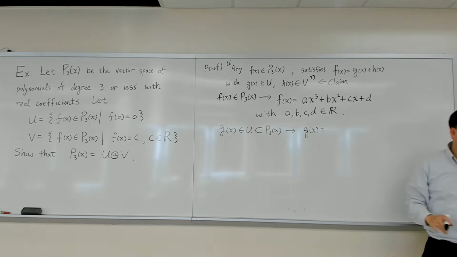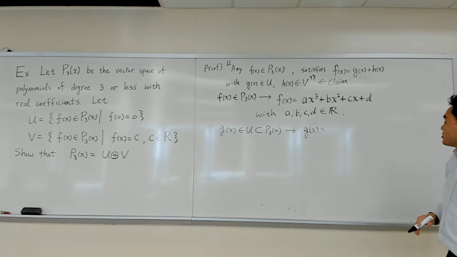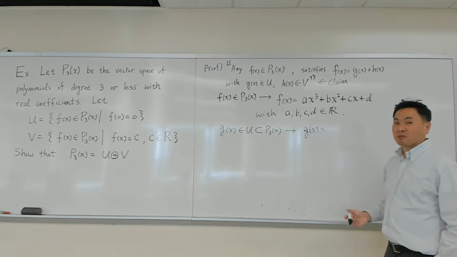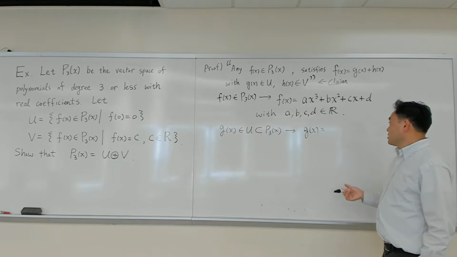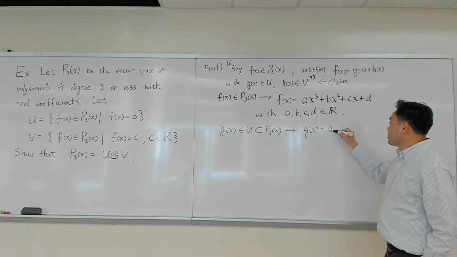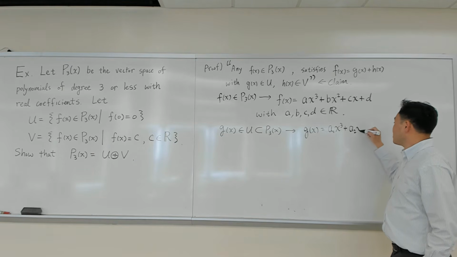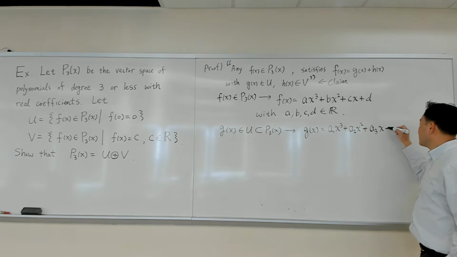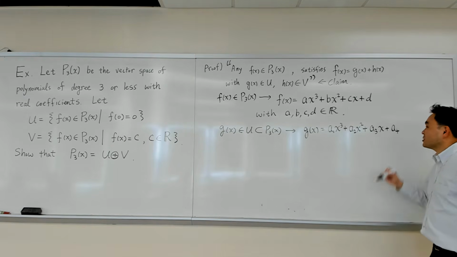And now I'm kind of regretting the choice of a, b, c, d because I used too many letters already. So let me be conservative. I'll put something like a1 x cubed plus a2 x squared plus a3 x plus a4. Okay?